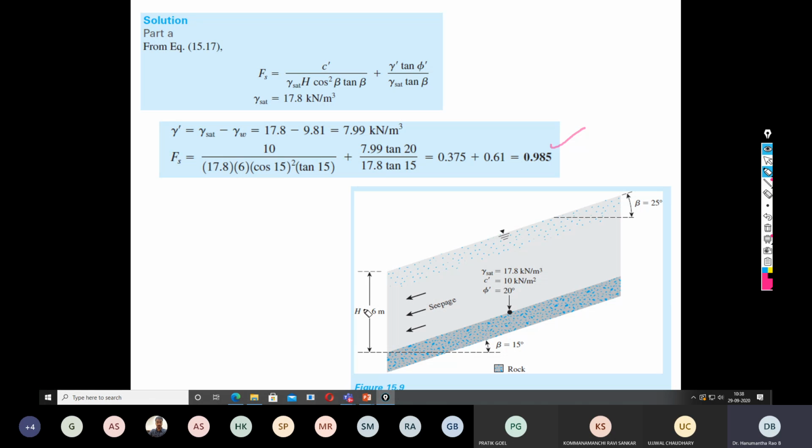The height is influencing, the seepage condition is influencing, the slope, c dash and phi dash, everything is influencing, but the degree of intensity with which they influence the factor of safety will not remain the same. What I will do is give a small assignment for clarity of understanding. Among these five parameters, try to rank the degree of intensity, which is the most important and which is the least important.